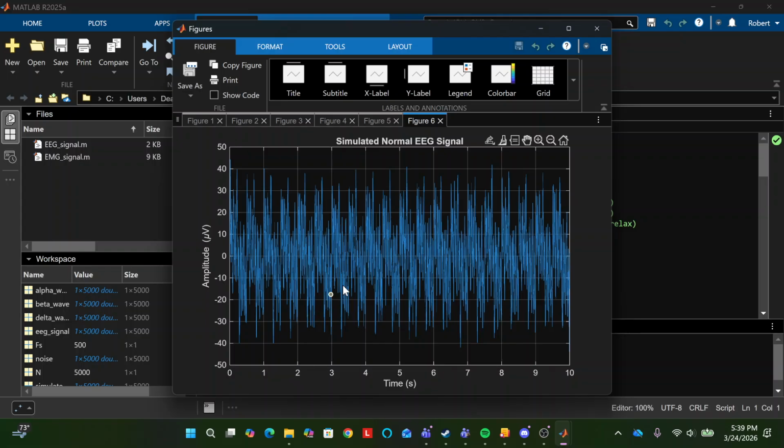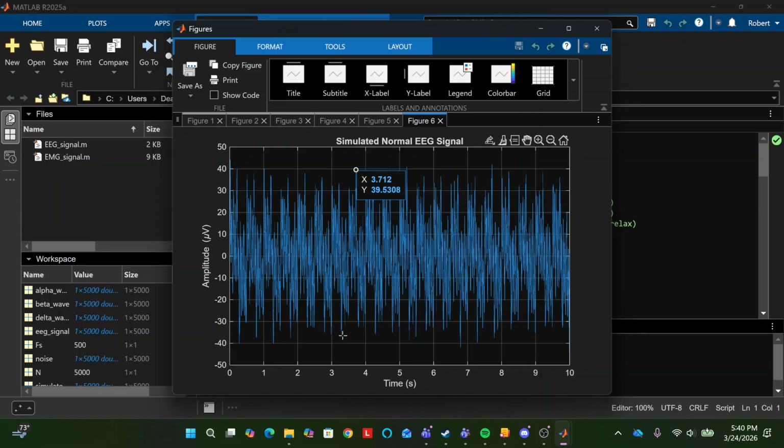And as you can see, basically what we're looking at is if we do a point here, we can actually look at our timing, which is 3.7, and our amplitude, which is 39.5.